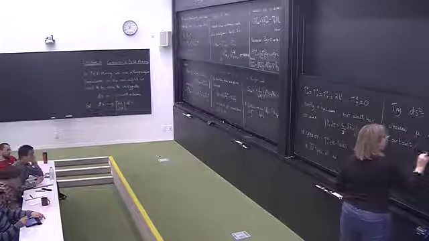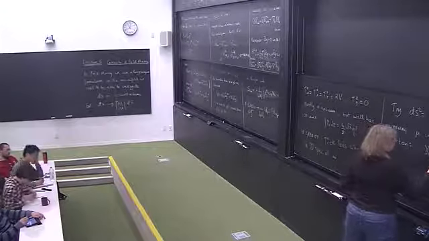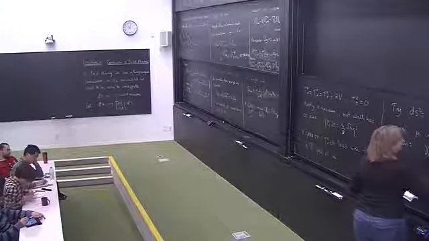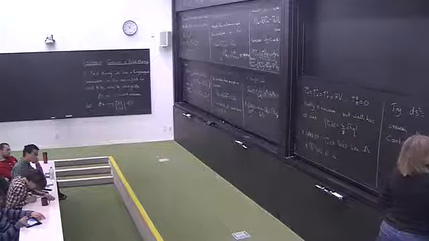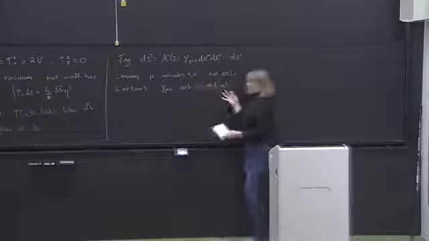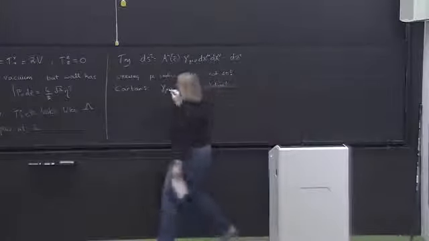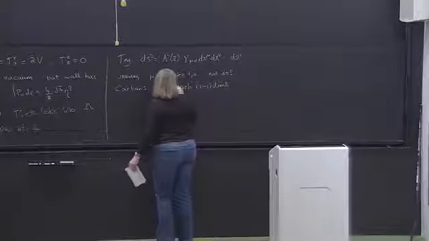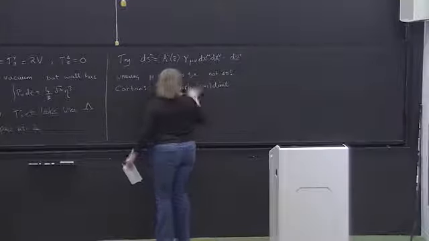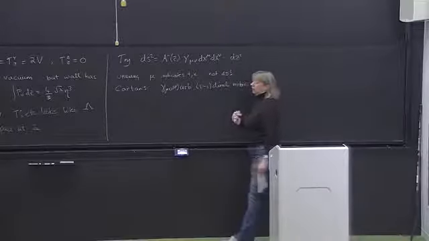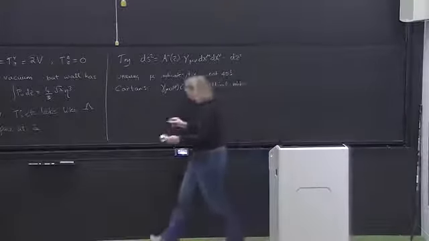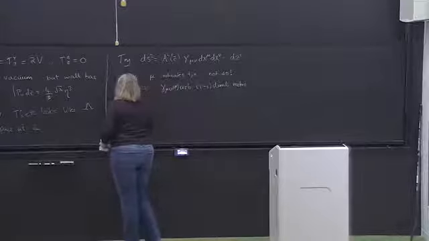So gamma mu nu of x is an arbitrary d-1 dimensional metric, so space, with its own curvature, connection, etc.